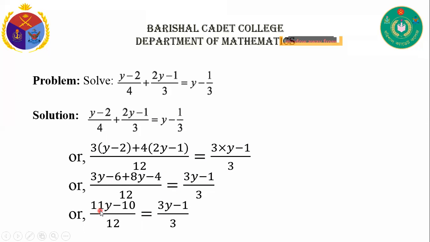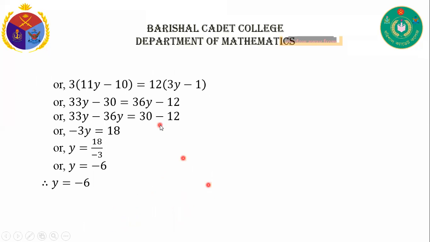After simplifying, 3y plus 8y is 11y minus 10 by 12 equal to 3y minus 1 divided by 3.